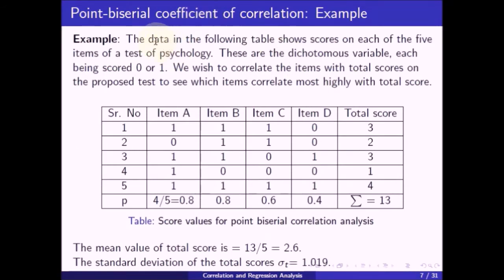Example: the data in the following table shows scores on each of the 5 items of a test of psychology. These are dichotomous variables because each is scored 0 or 1.